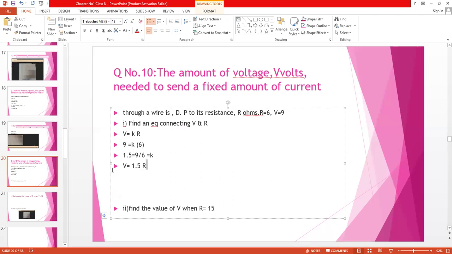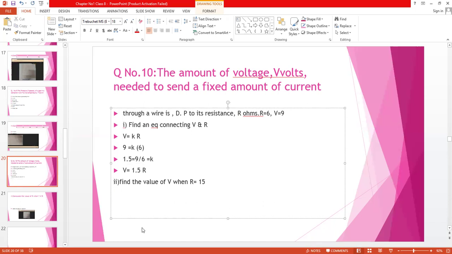Okay. I have to copy this connecting equation because we have to use it in all the parts. This connecting equation is very important. Now, here they are saying find the value of V when R is equal to 15.